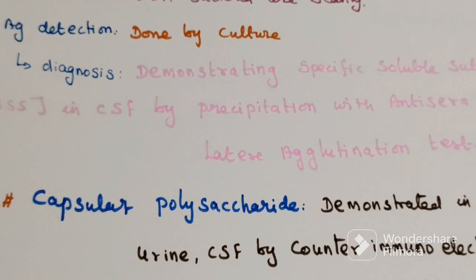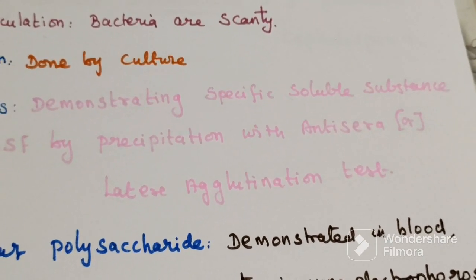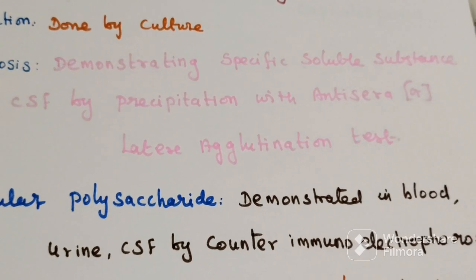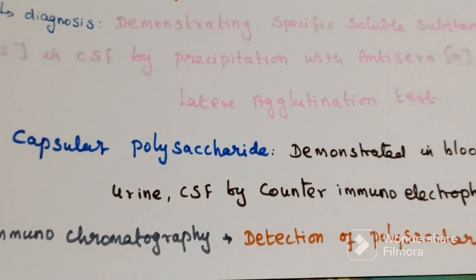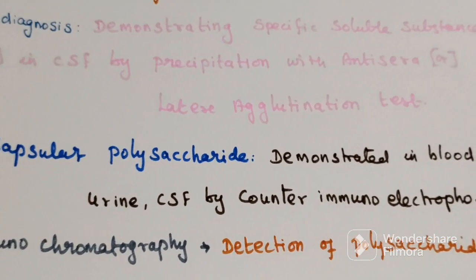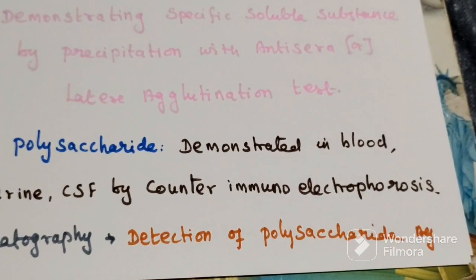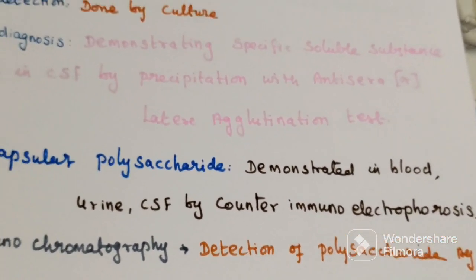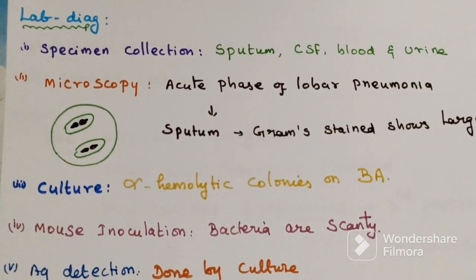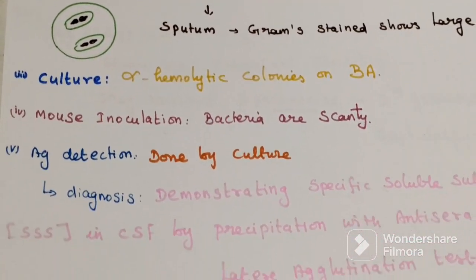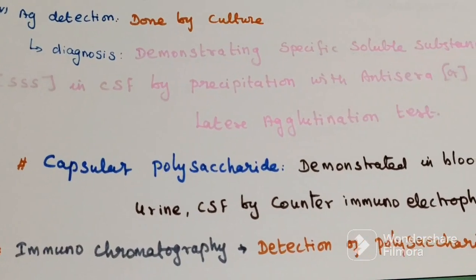Next, capsular polysaccharide is demonstrated in blood, urine, CSF by counter immunoelectrophoresis. Next, immunochromatography. This is done by detection of polysaccharide antigen in urine. So laboratory diagnosis: specimen collection, microscopy, culture, mouse inoculation, antigen detection, immunochromatography technique.